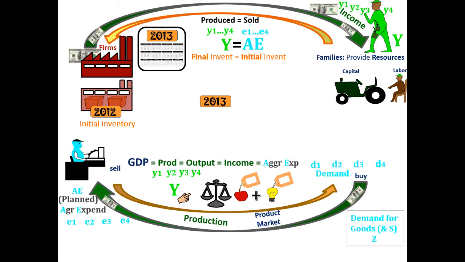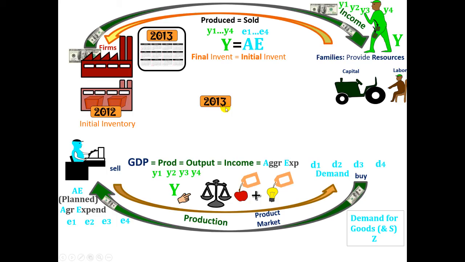Let's assume that in 2013, 4 boxes were demanded, sold and produced. So we have a $400 income.